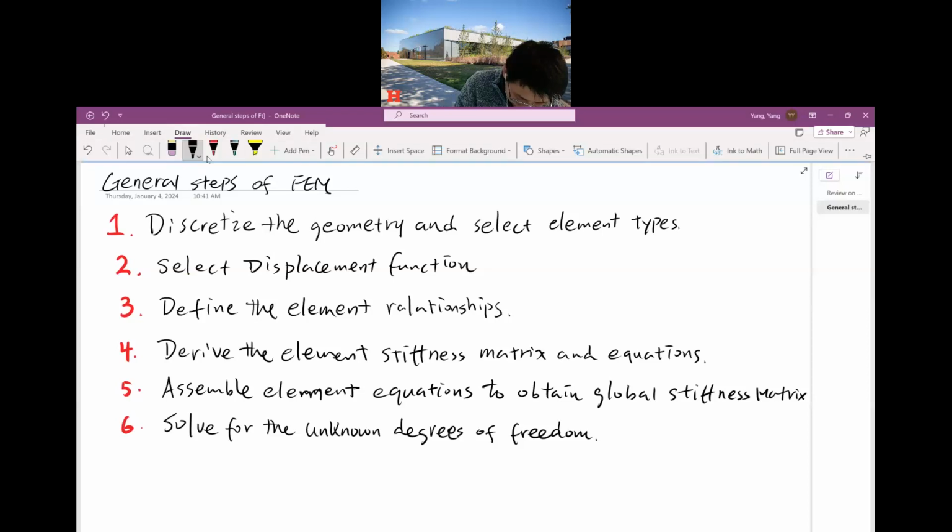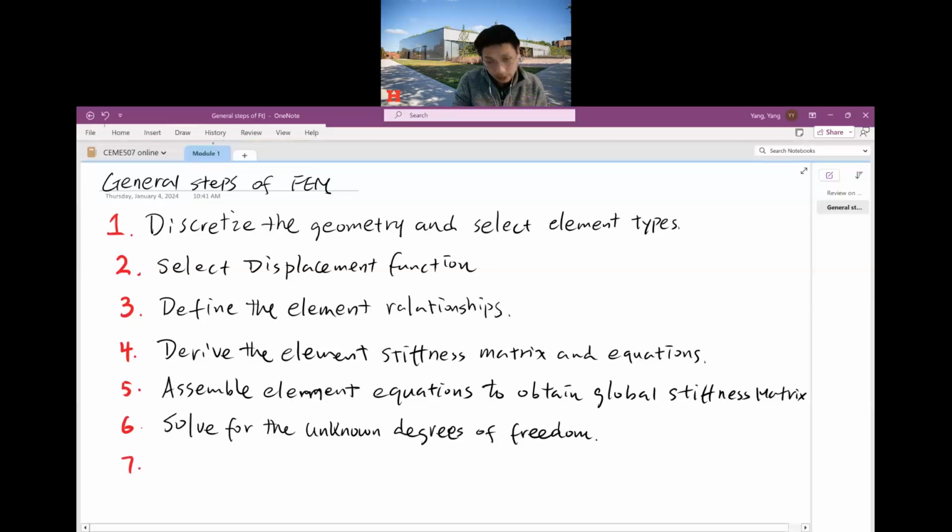Because typically globally, for any given problem, you will know the global forces and the global displacements, global boundary conditions here, so that you can use those known variables to solve for the unknown variables in step 6.